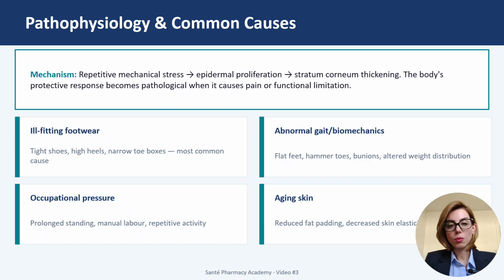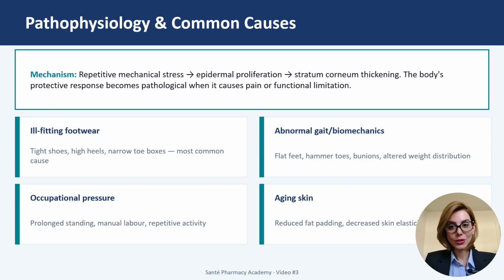This is the number one culprit. Tight shoes, high heels, narrow toe boxes. Abnormal gait or biomechanics, flat feet, hammer toes, bunions, anything that changes how weight is distributed across the foot. Occupational factors, people who stand for long periods or do repetitive manual work.